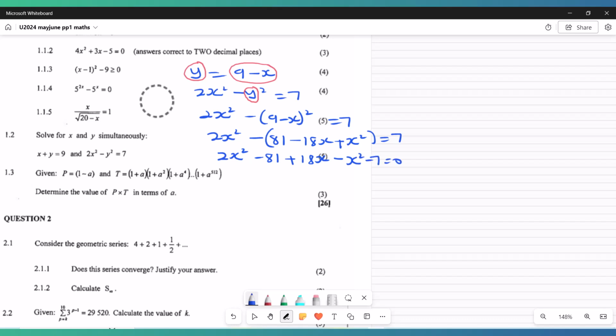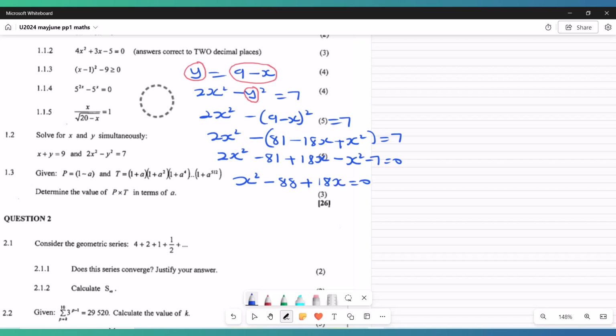So I'm going to be left with only 1x squared, then minus 81 minus 7 gives me minus 88. And then what about here? Then I say plus 18x equals 0.